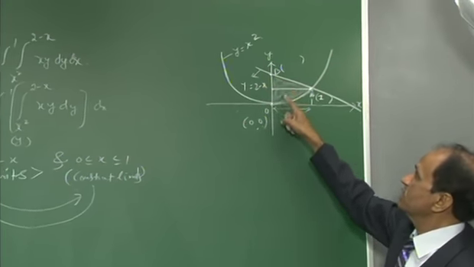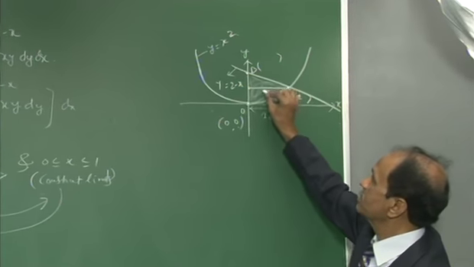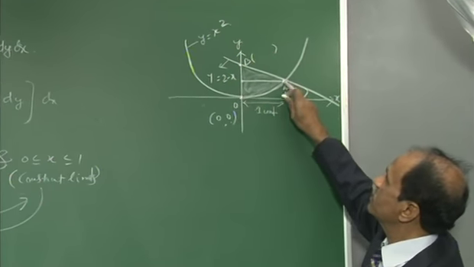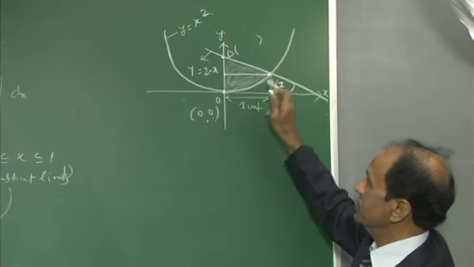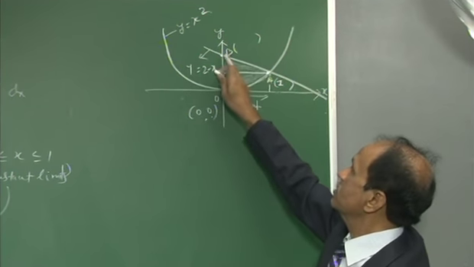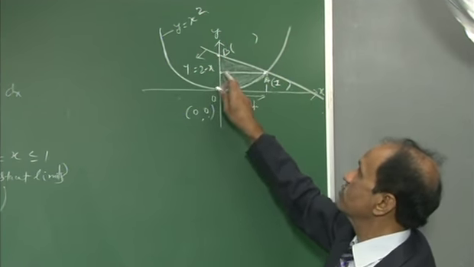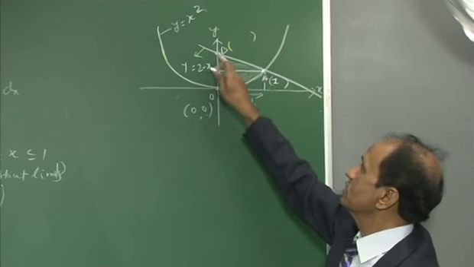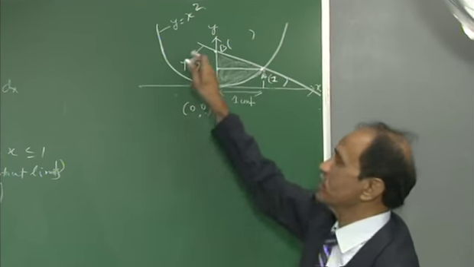Now, the area is very clearly defined. This area is only with respect to the parabola, it goes on changing, and this area continuously is changing only from this line onwards. So, this area is connected only with respect to the straight line.